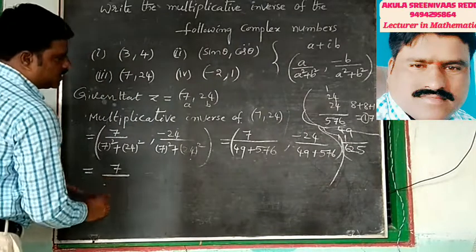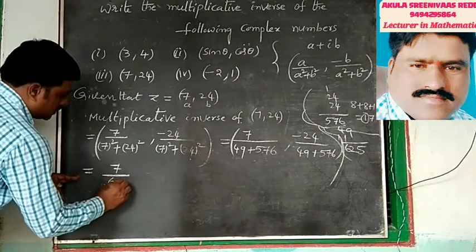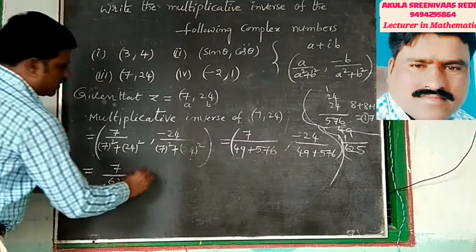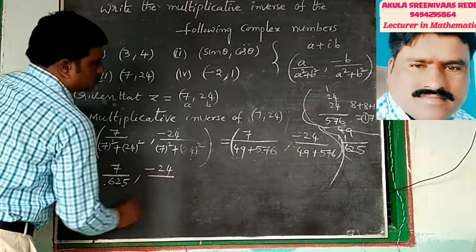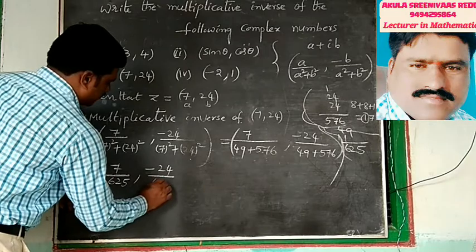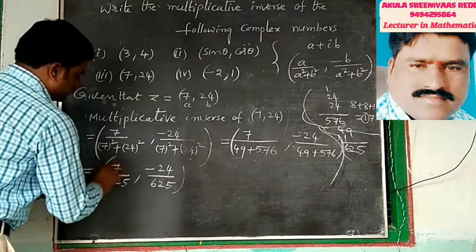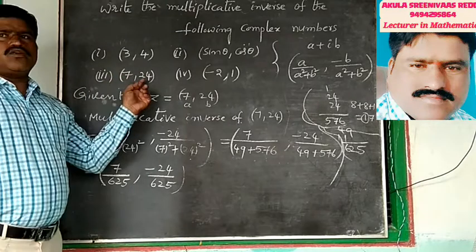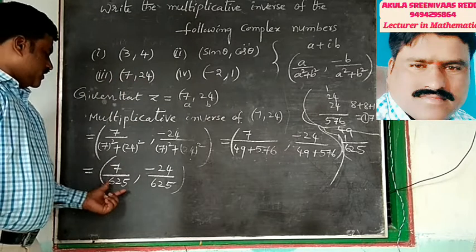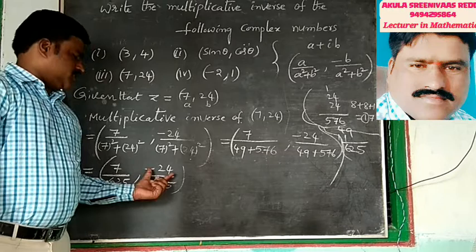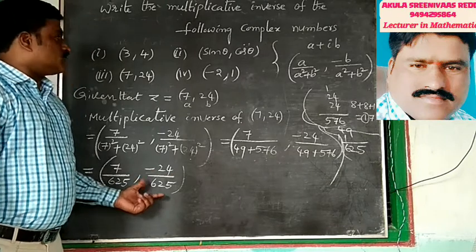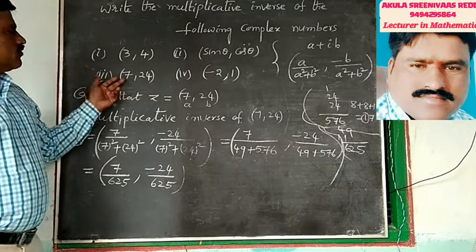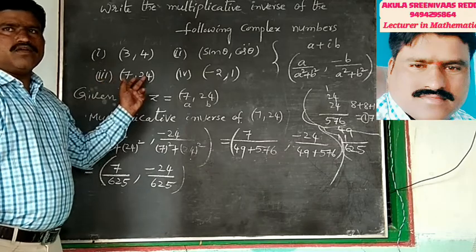So 49 plus 576 is 625, comma, minus 24 by 625. This is the multiplicative inverse of 7 comma 24. 7 by 625, comma, minus 24 by 625 is the multiplicative inverse of 7 comma 24.